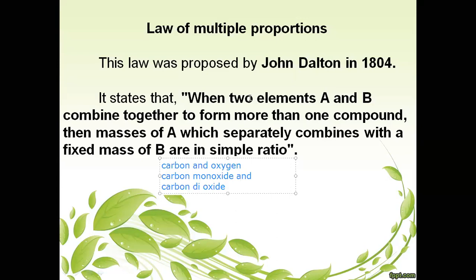But the mass of one element is fixed, and the masses of the other element required to form the 2 compounds are in the ratio of small whole numbers. So the ratio for carbon dioxide and carbon monoxide is 1:2. The mass of the carbon is fixed. Another example is sulfur and oxygen combining to form sulfur dioxide and sulfur trioxide, but the mass of the sulfur is the same, 2:3.